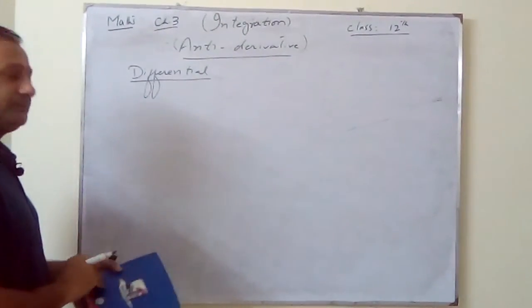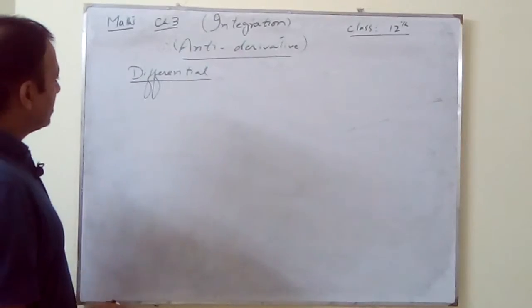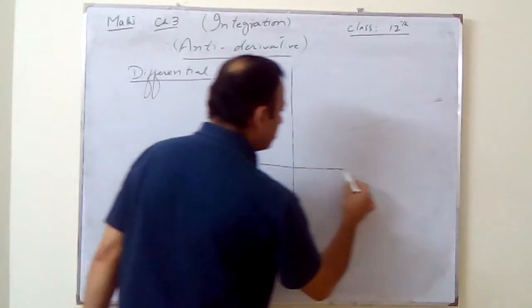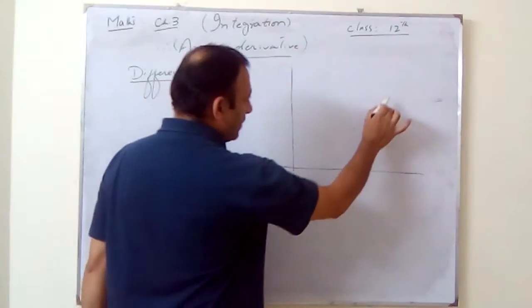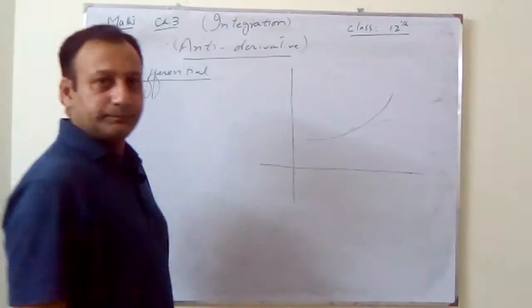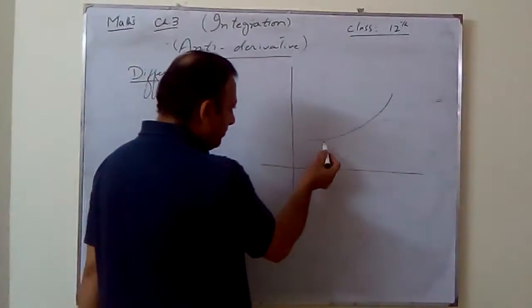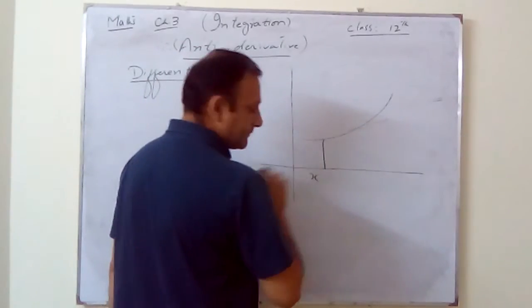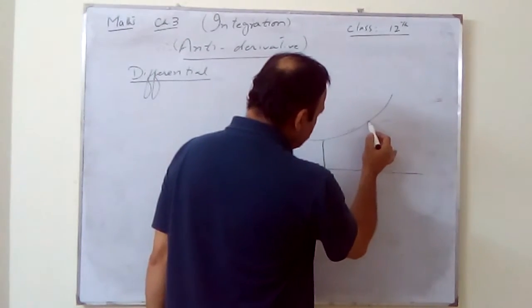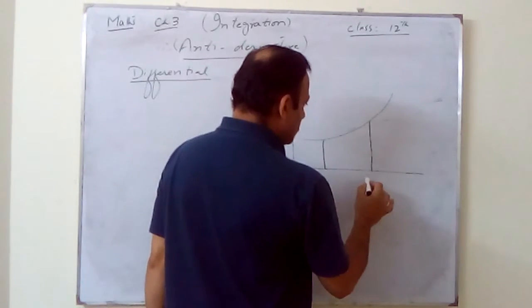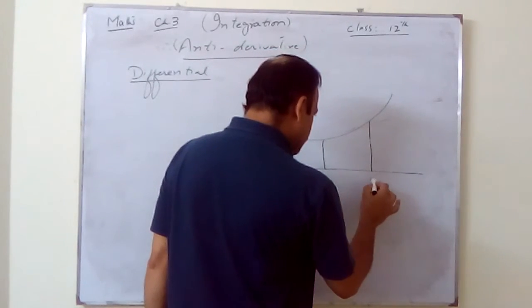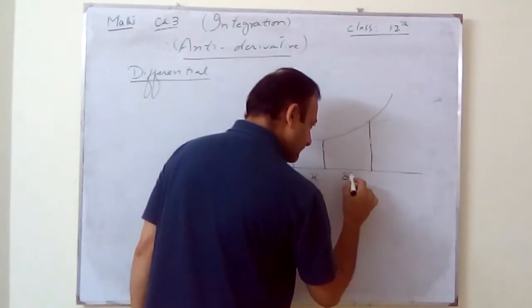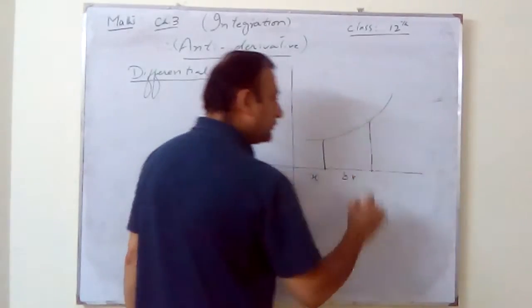Before starting the exercise, briefly I tell you one thing. If we have a curve, any kind of curve, and from this point, this is x, and if there is a change, so this change is delta x, from this point to this point.